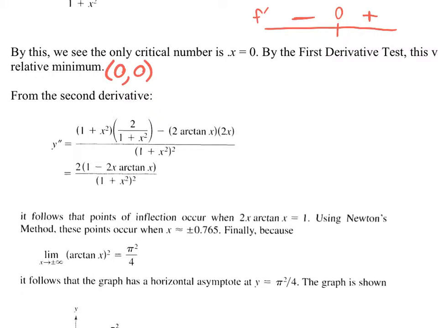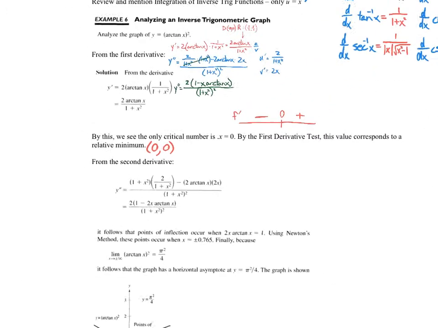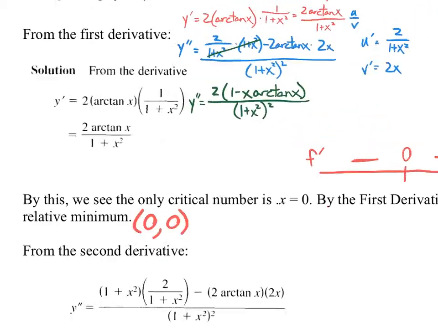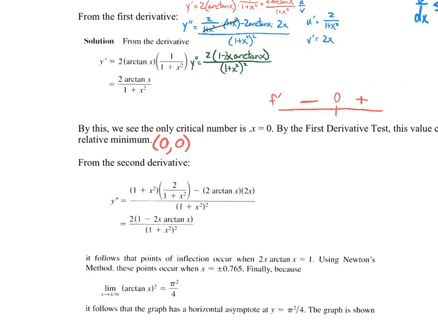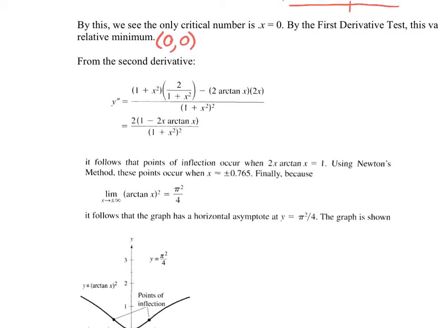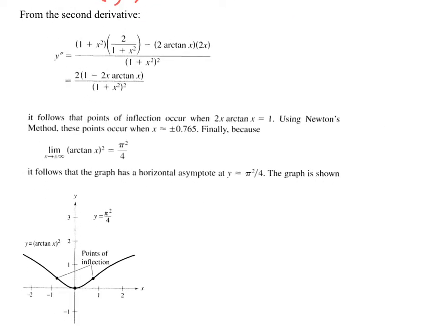We would find that x is positive or negative 0.765 if you used your calculator to see where the 1 minus 2x arctangent of x equaled 0. Okay, I lost a 2 up here.